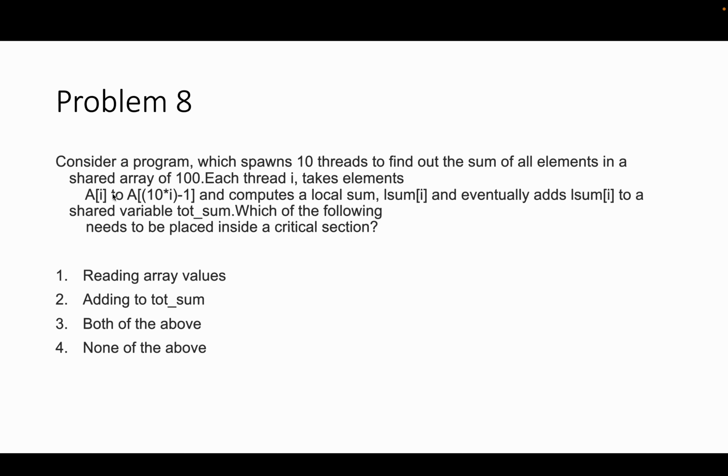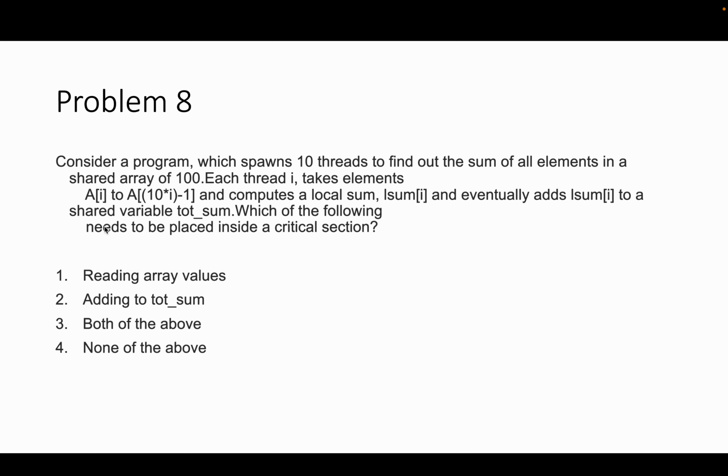It computes a sum of only these elements, and let's call this local sum i, and eventually adds local sum i to a shared variable total sum. Every thread here is computing a local sum of its elements, and then it is taking that local sum and adding it to the shared variable total sum.